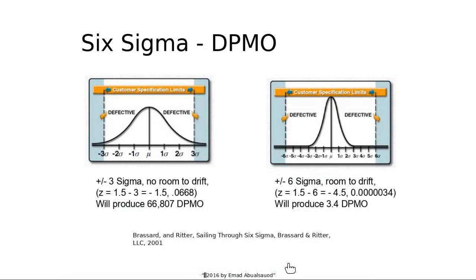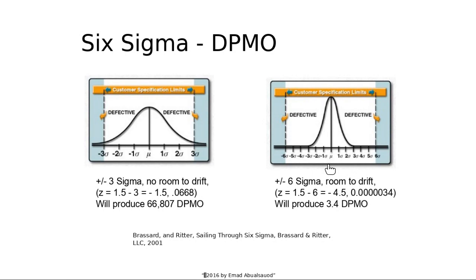This is to show you the difference between the 3 Sigma level and the 6 Sigma level. When you are performing at 3 Sigma level, this is the bell shape or normal distribution that you will have, and that will give you no more room to perform above the upper limit or specification limits, because most of your readings will be just close to the specification limits.